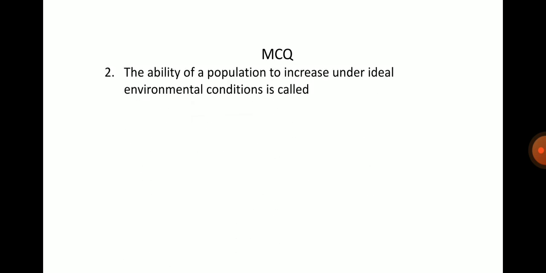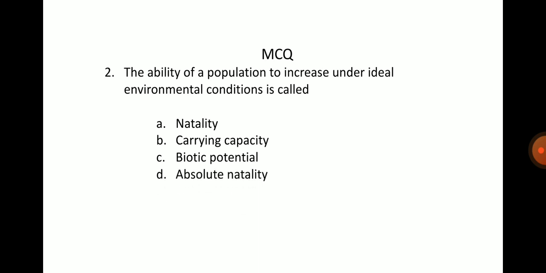Second question, the ability of a population to increase under ideal environmental conditions is called. Option A. Natality, B. Carrying capacity, C. Biotic potential and D. Absolute natality. The answer is option C, that is biotic potential.